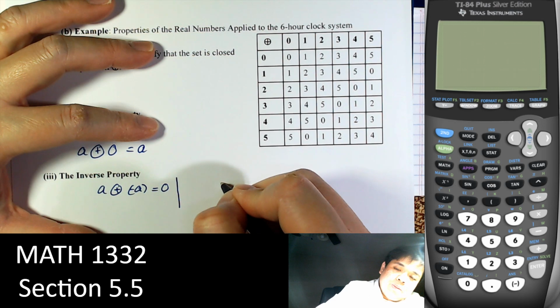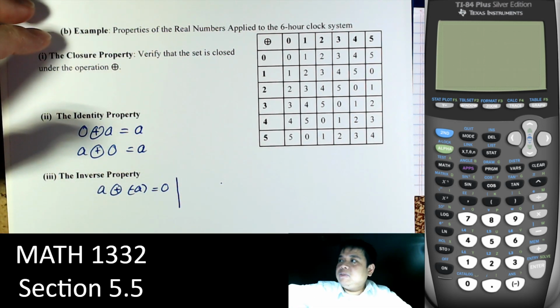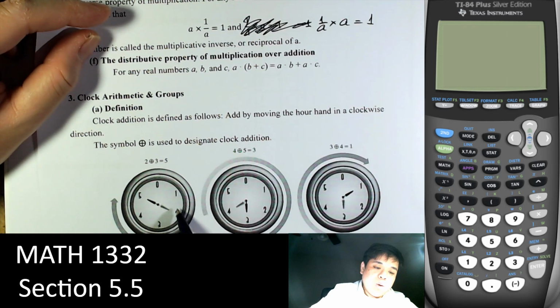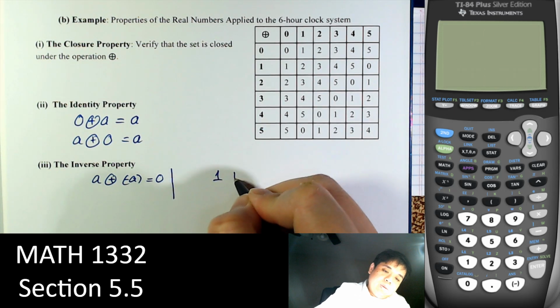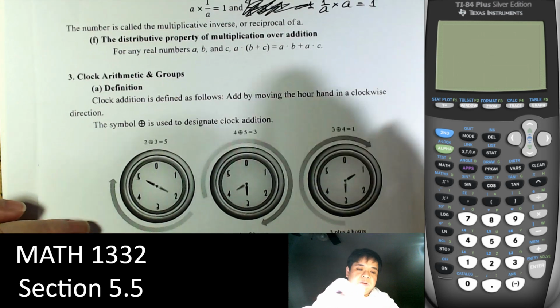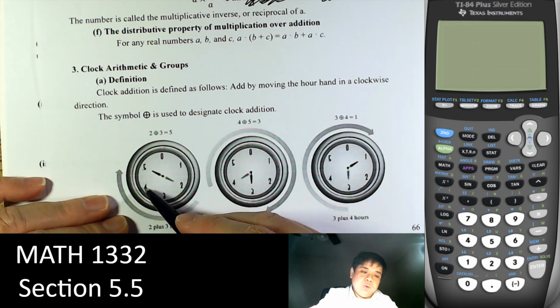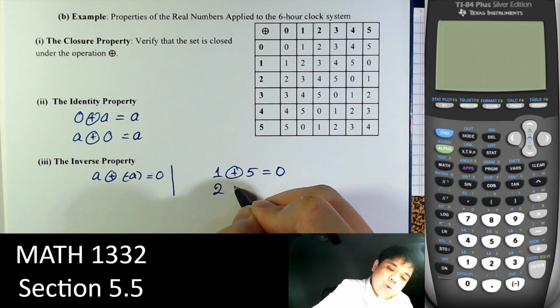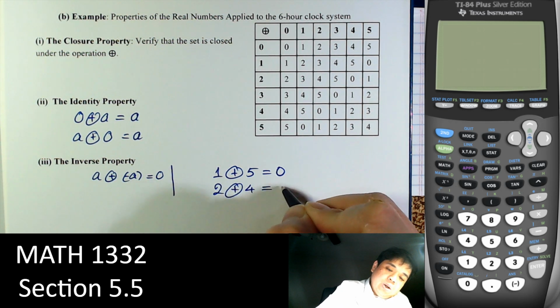For example, look at the clock. If we add 1, we have to turn 1, 2, 3, 4, and 5 ticks to go back. So say 1 plus 5 is equal to 0. So starting from 1, we add 1, 2, 3, 4, 5, get back to 0. Then 2 plus 4 is equal to 6.